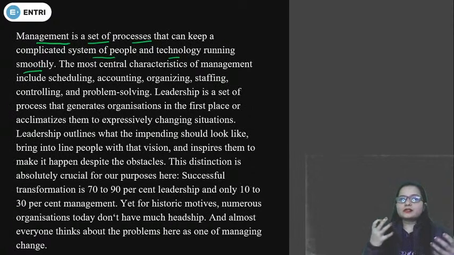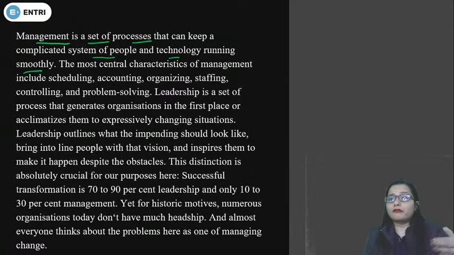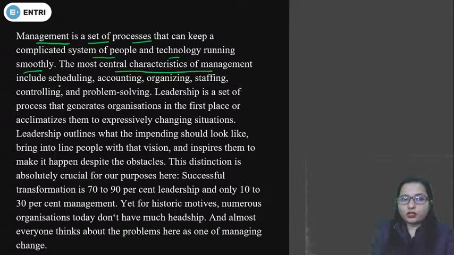So management is a kind of setup which keeps the people and the technology running smoothly. If it doesn't work properly, then everything will be working inefficiently. The most central characteristics of management include scheduling, accounting, organizing, staffing, controlling, and problem solving.